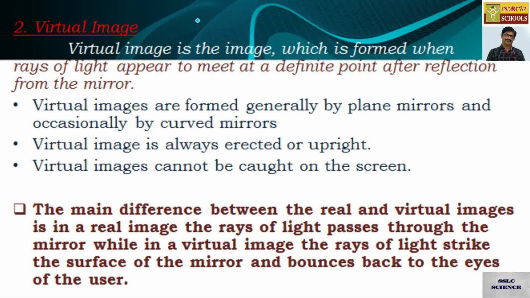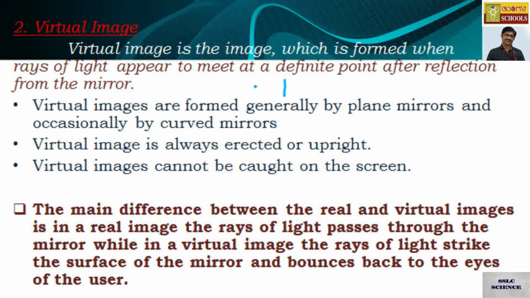A virtual image is the image which is formed when rays of light appear to meet at a definite point after reflection from the mirror. The image formed thereafter is known as a virtual image. Assume this is a plane mirror, which is already known.